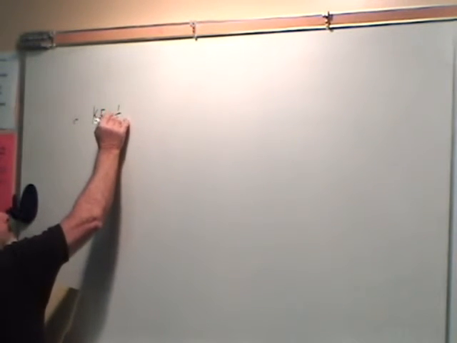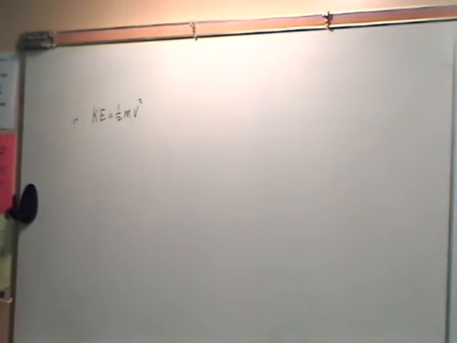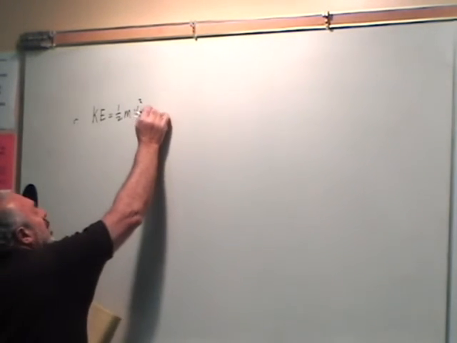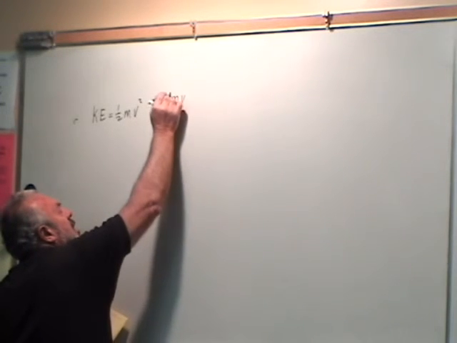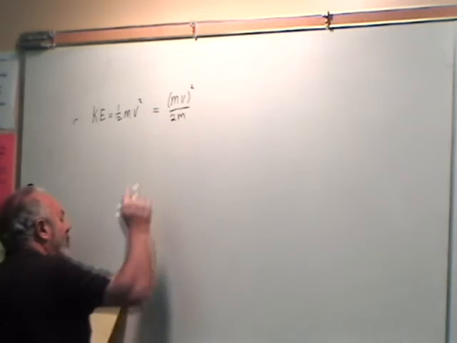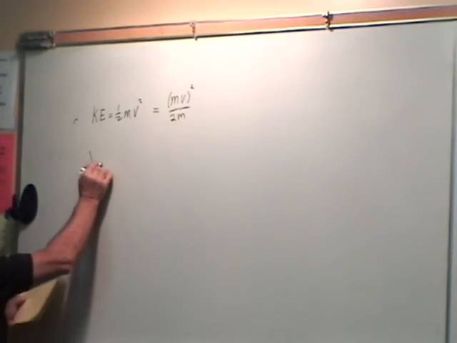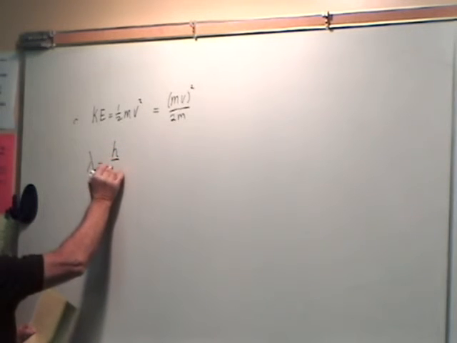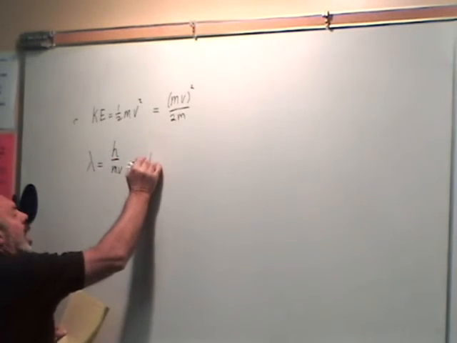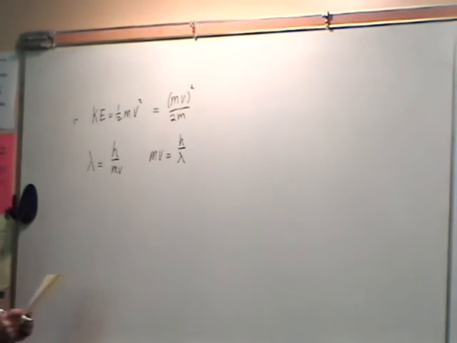Because kinetic energy, we know it's classical, so kinetic energy will be written down in the simple classical formula, mv squared over 2m. We'll write it like that. And we have now that lambda is equal to h over mv, so mv is h over lambda.